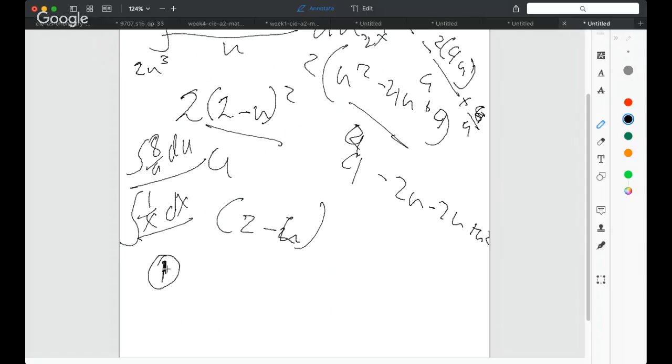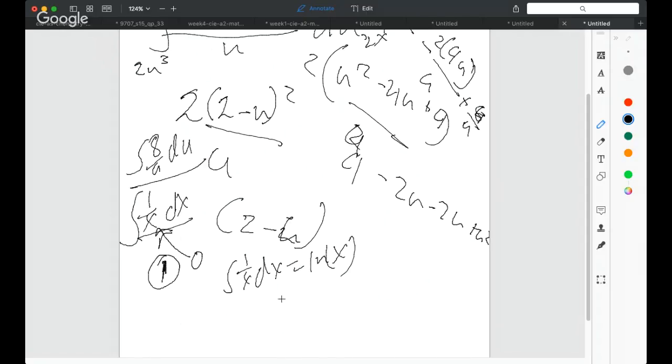What is the differentiation of 1? It's 0, and it is not equal to the thing here, so the integration of 1 over x is not 1. The integration of 1 over x is ln x.